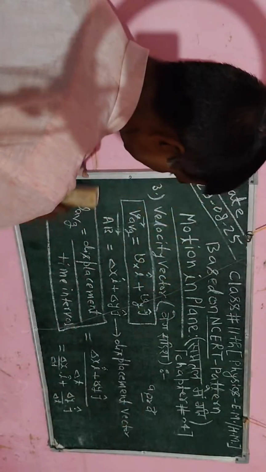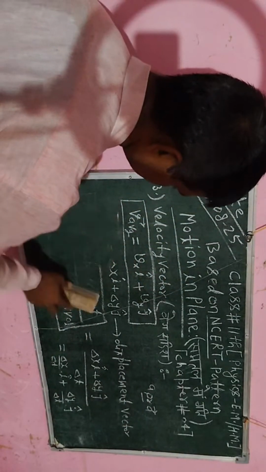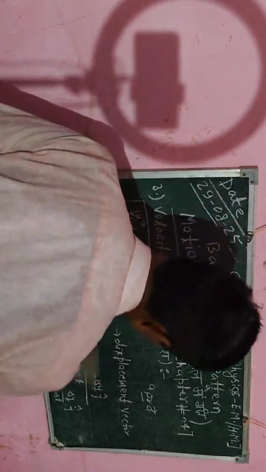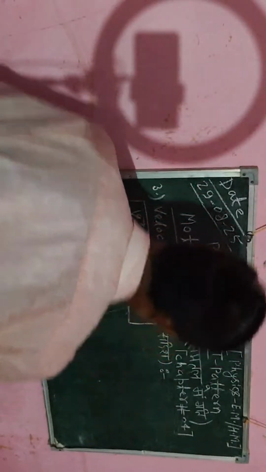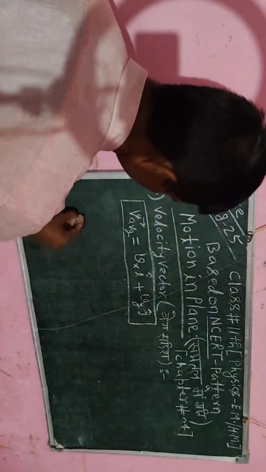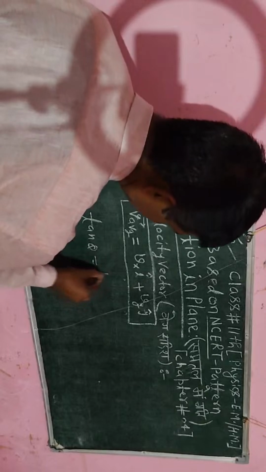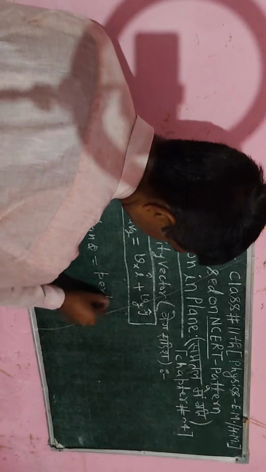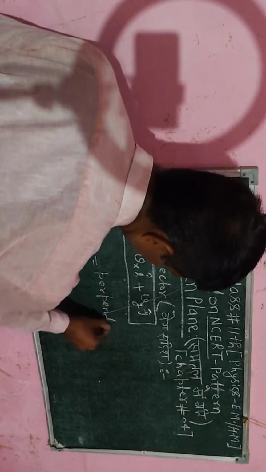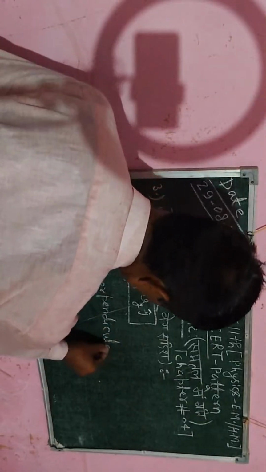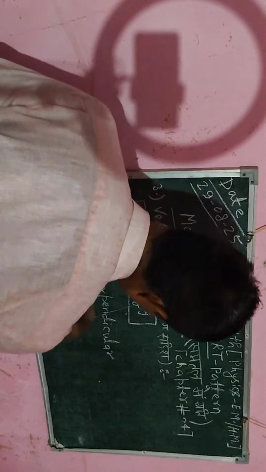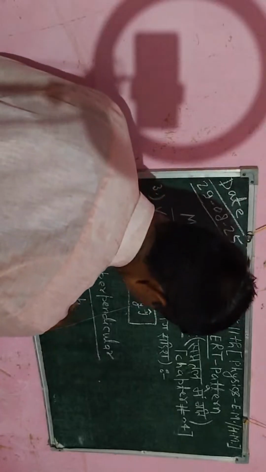Now I am going to erase this, and after erasing I will find the direction of the average vector. The direction can be given by tan theta, which is equal to perpendicular divided by base.